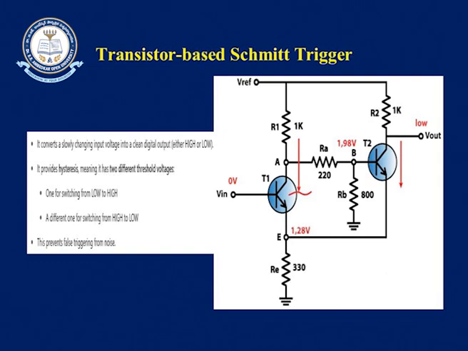It has two different threshold voltages, so that it can switch from low to high or from high to low, which gives protection from noise triggering. You can easily observe this, but do not consider the values given in this circuit. Only observe how it is connected from one transistor to the other transistor.